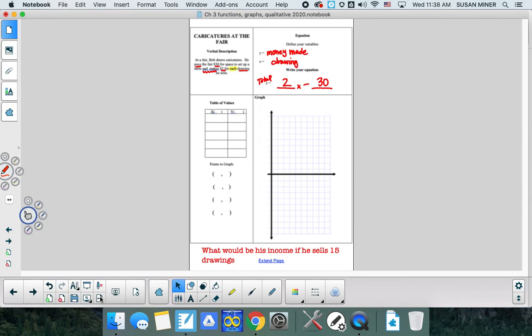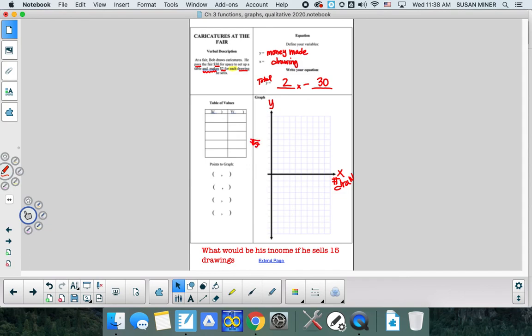Let's get some data. Actually, let's label our graph first. I always like to know what it is I'm graphing. And my x-axis over here is going to be the number of drawings that I sell. And my y-axis over here is going to be the total money that I've earned.